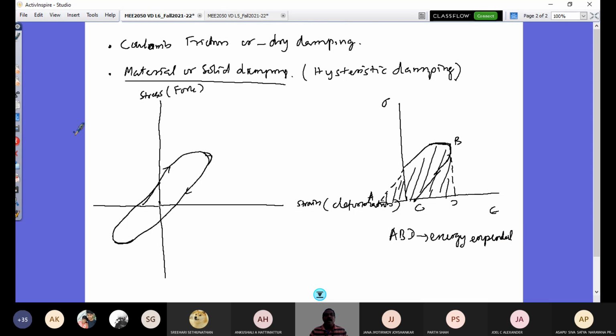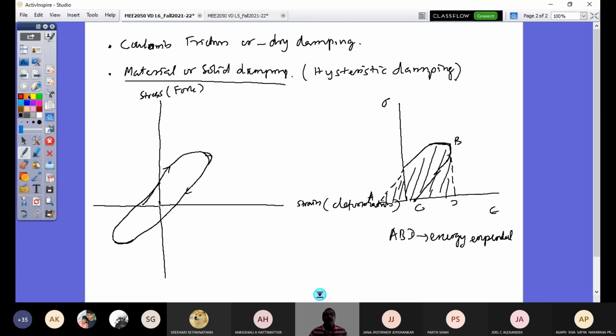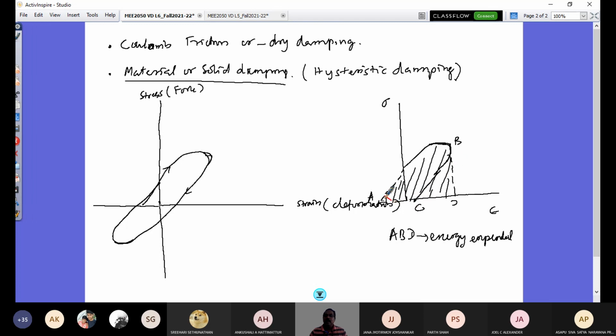And if you look at the area inside the loop, under the loop, here alone, that is area BCD.